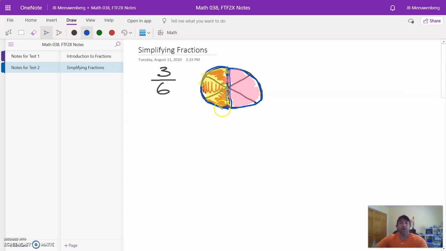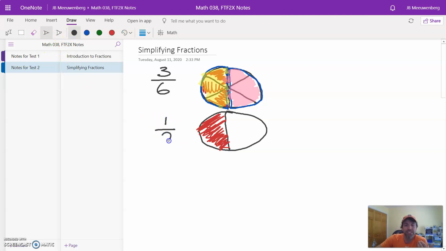And because the slices are equal, I can really look at it like this. Two sections, one entire section is shaded, which means 3/6 is also equal to, or we say equivalent to, 1/2. 3/6 is equal to 1/2.